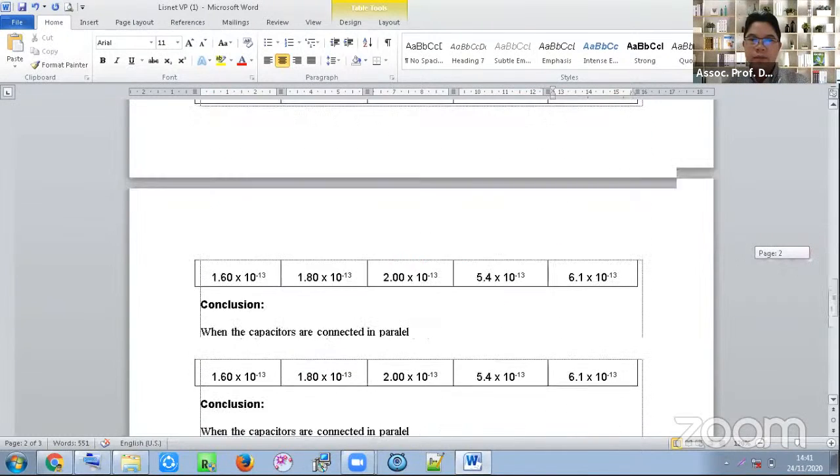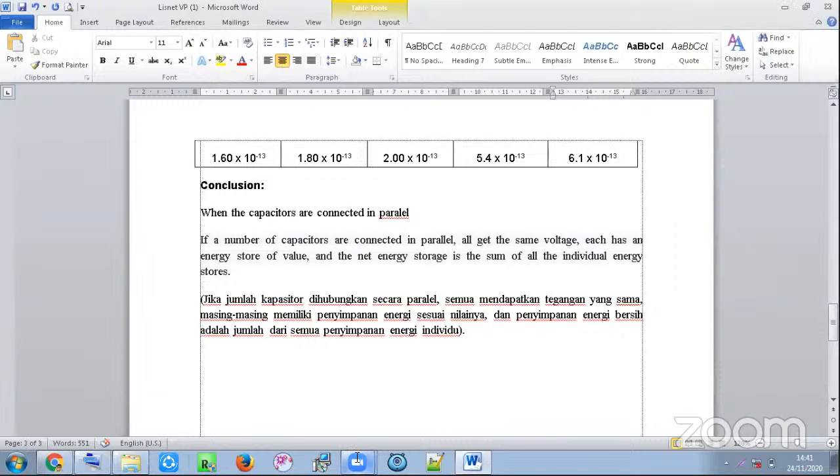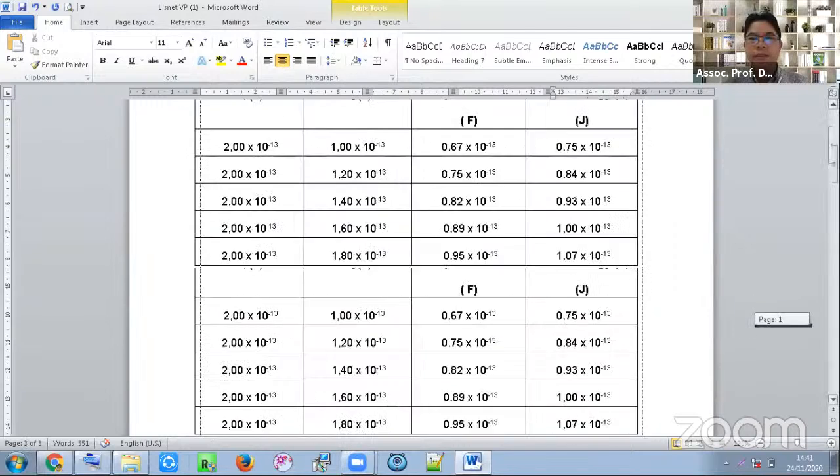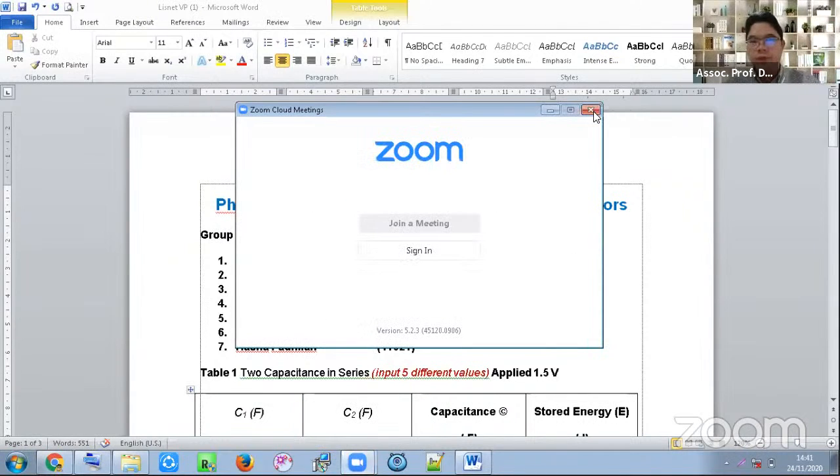Okay, so you recorded the completed data for the capacitance and the stored energy. But I would like to point out that with the previous group and your group, when you arrange the capacitance, both groups have different versions of arrangement of the capacitors.